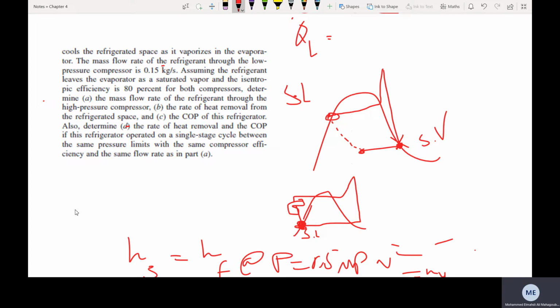So I don't have the multi-stage cycle, I have only the one stage cycle, which is the normal cycle.